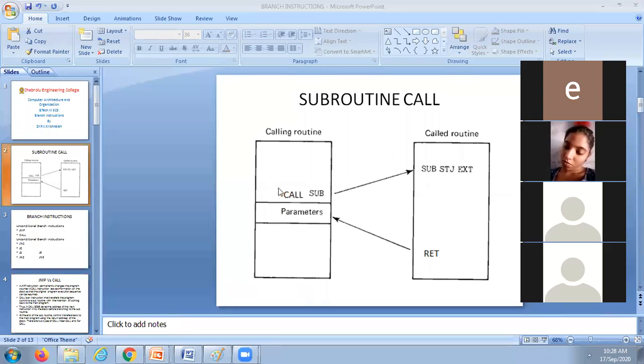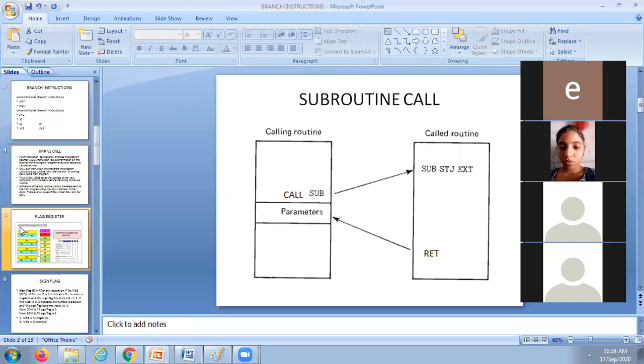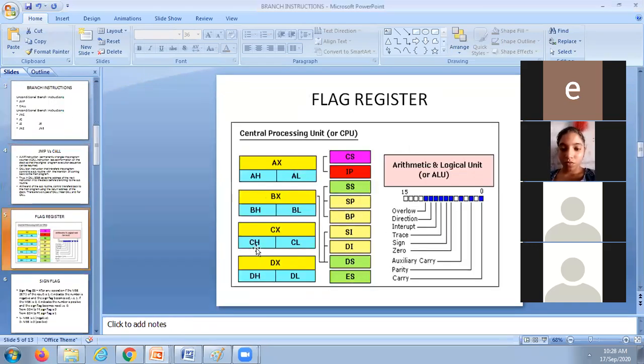What is the processor status? The processor status is the contents of all these registers: the flag register and the register set.